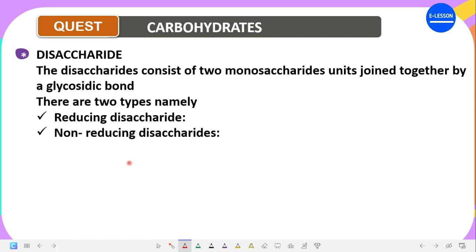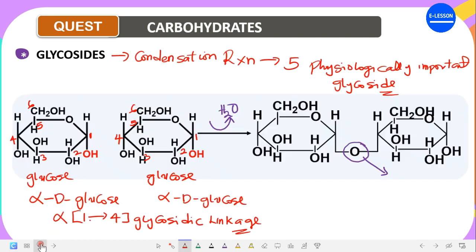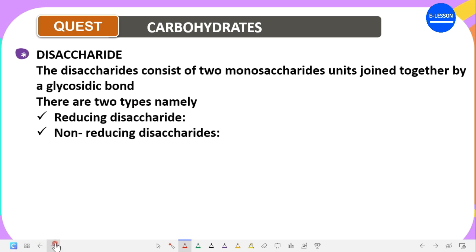So let's talk about disaccharides. We are going to look at more of glycosidic linkage as time progresses, right? Now, a disaccharide consists of 2 monosaccharides that are joined by a glycosidic bond. We discussed that before.